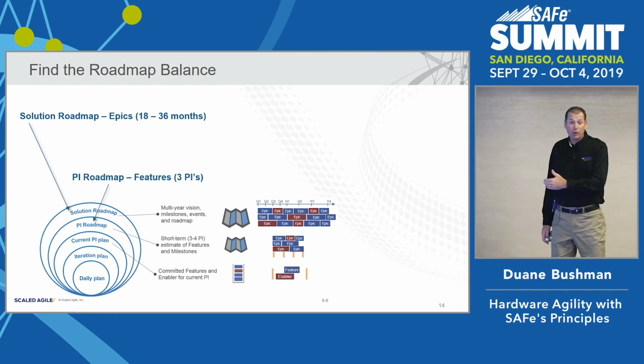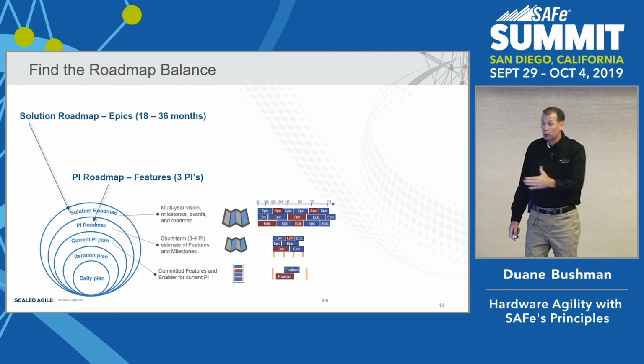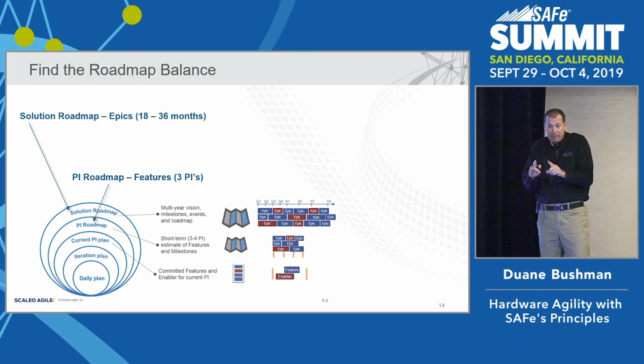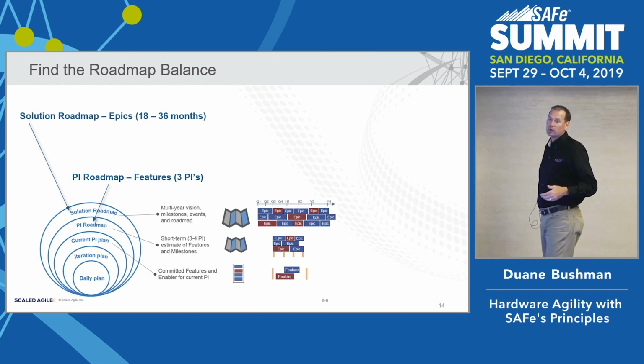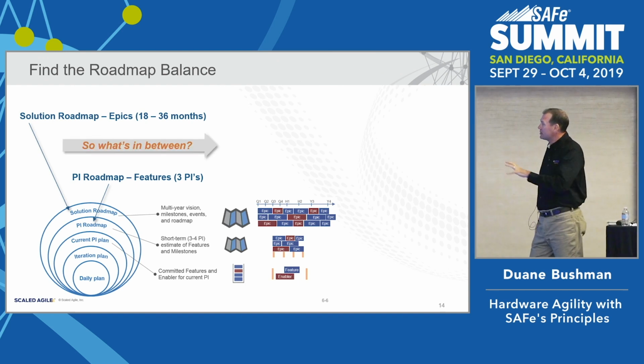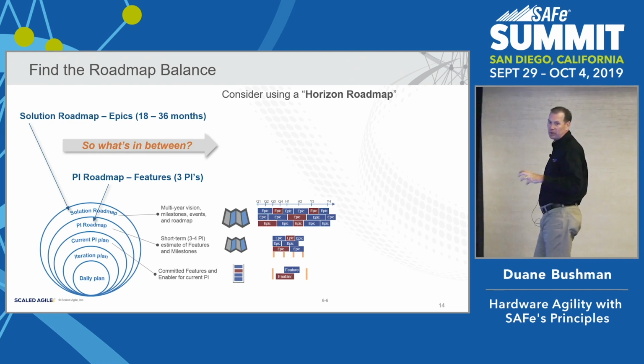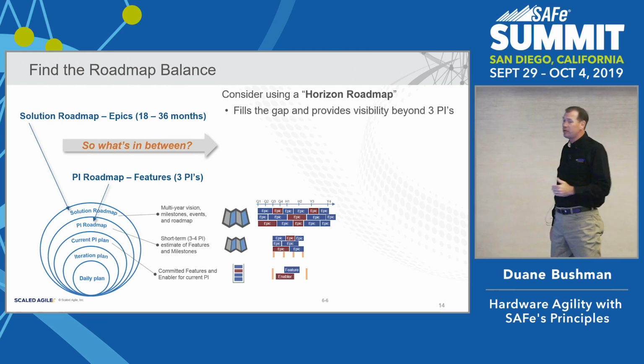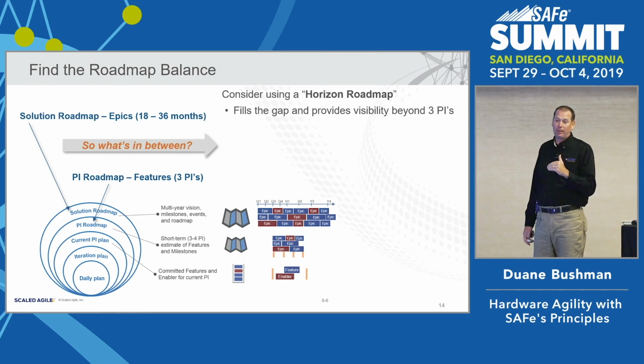We have the PI roadmap, which is better. It's more granular. It gets us down to that feature and enabler size that fits into a PI, but it's only 3 PIs. So one of the constructs that works well is introducing something in between, and this is what I called the Horizon Roadmap, or Construction Roadmap. Consider using it because it helps fill that gap.